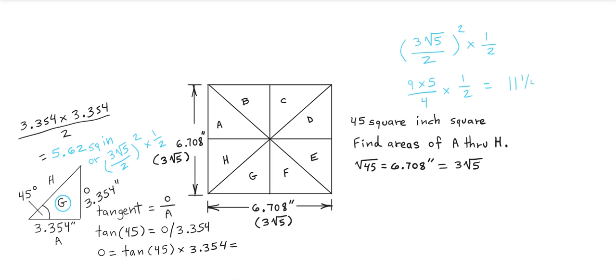So if we made that a mixed fraction, it would be 11 and 1/4, because 11 times 4 is 44, plus 1 is 45, so 45 fourths. Then times 1/2, so we have 45 eighths. So if we check that, it's 5.625 square inches, so that's correct.